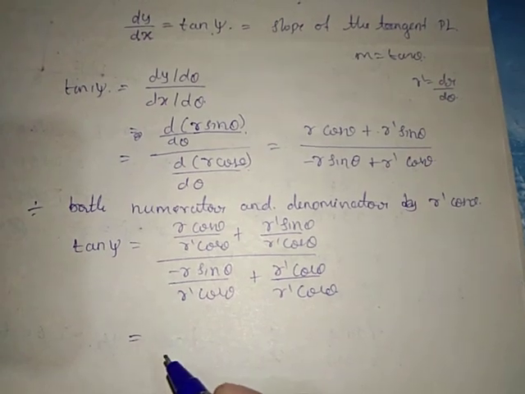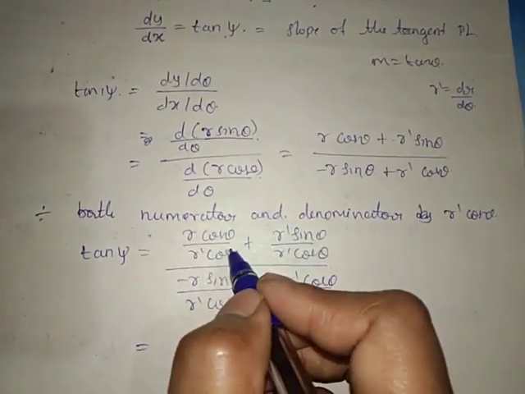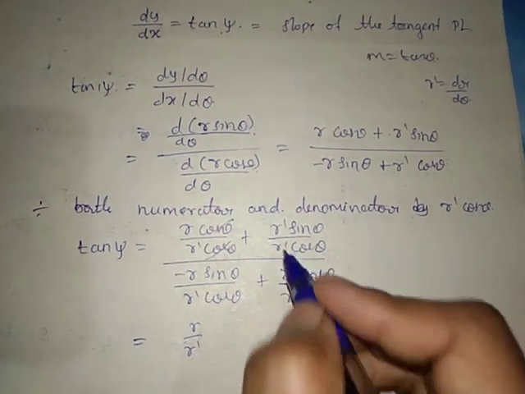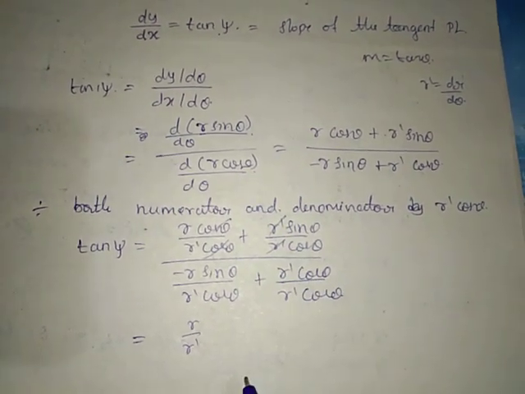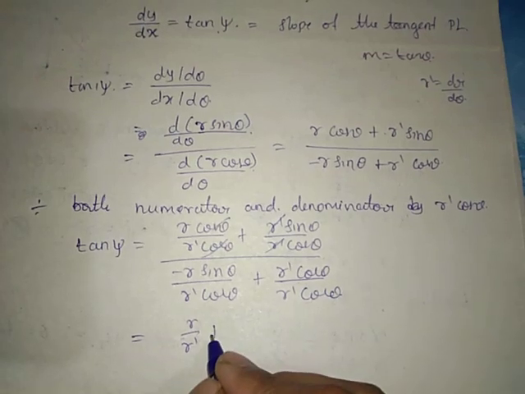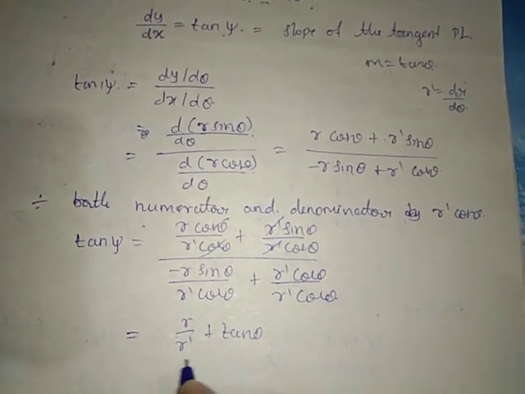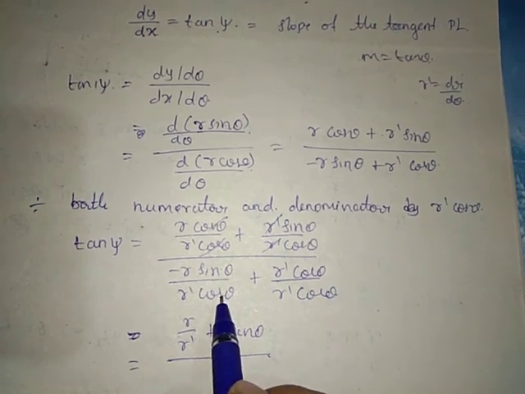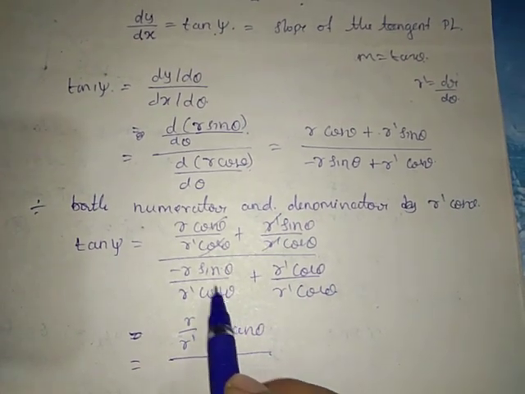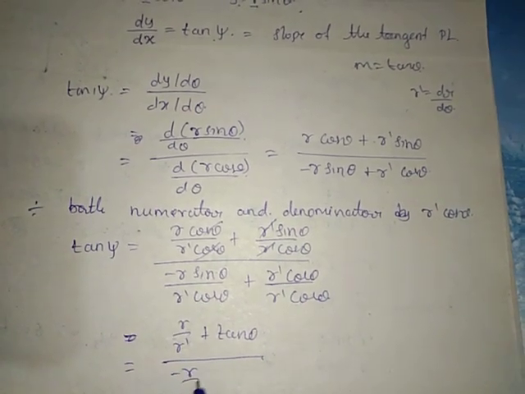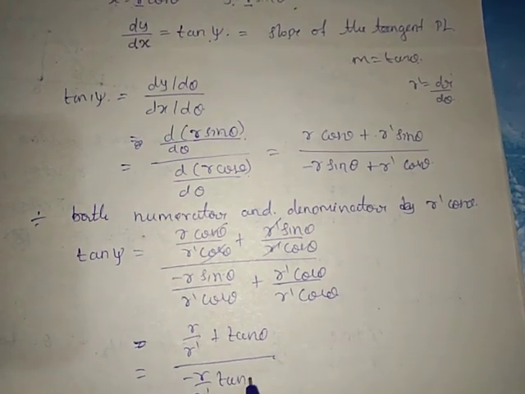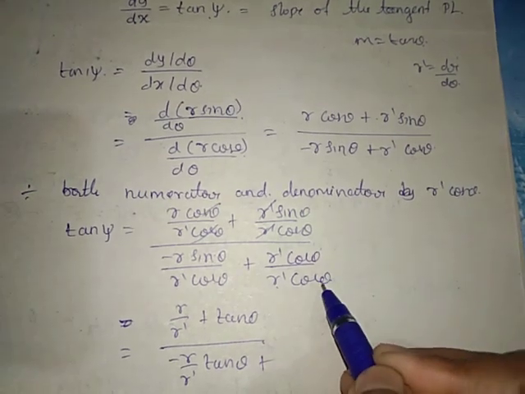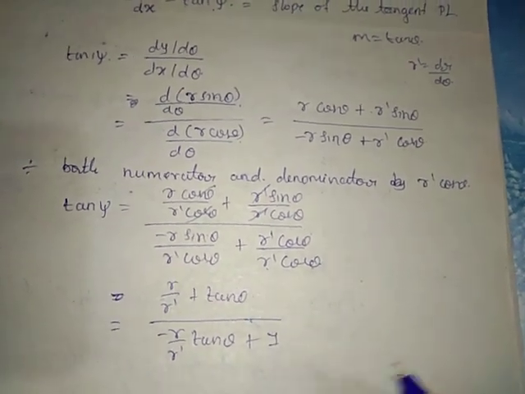Now cancel the terms which are common. Here the cos gets cancelled, remaining r by r dash. Here r dash gets cancelled, sin by cos is tan, whole divided by minus r by r dash into tan theta plus 1.